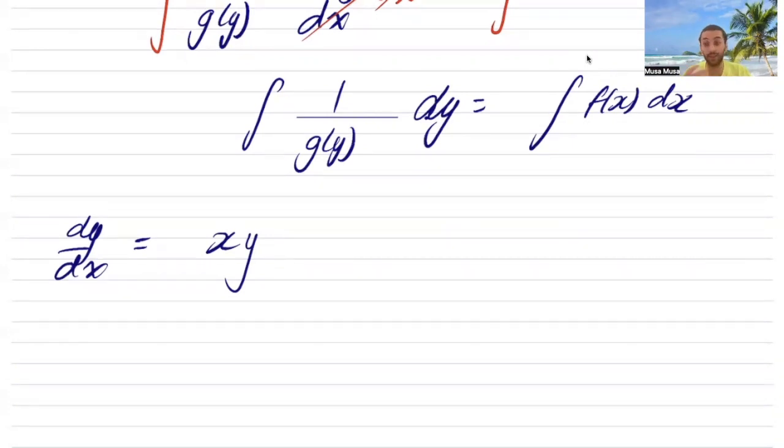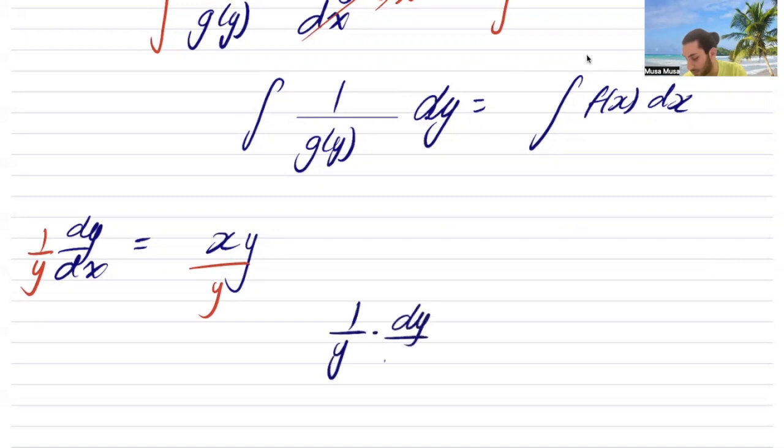So let's use our separation of variables technique to solve this differential equation. I want to get my function in y on the left-hand side. So I'm going to divide by y, and I'm going to put the 1 on y there. Perfect. My next line is 1 on y dy dx equals x.